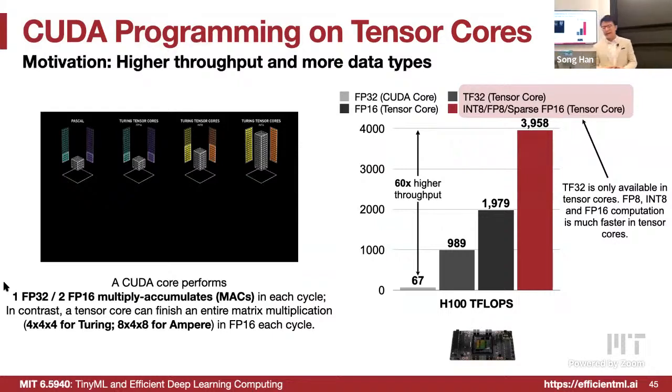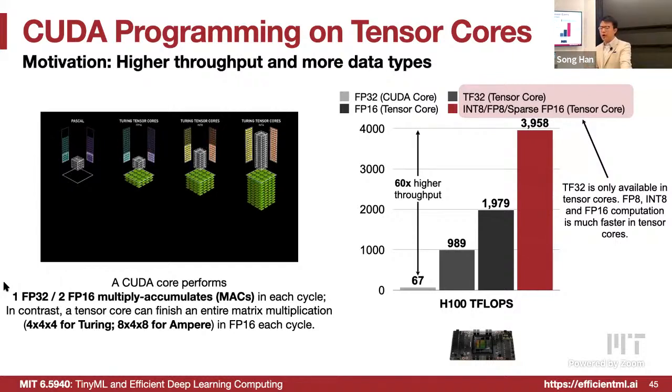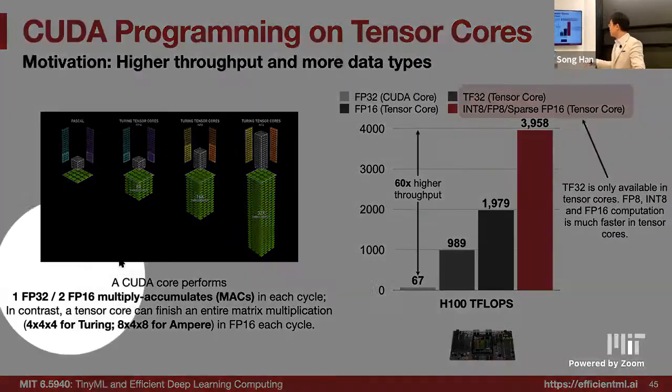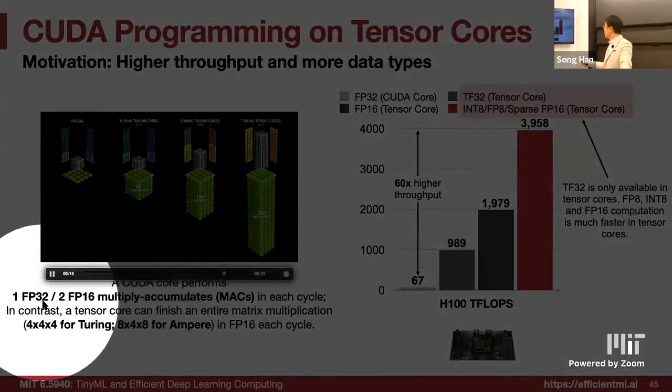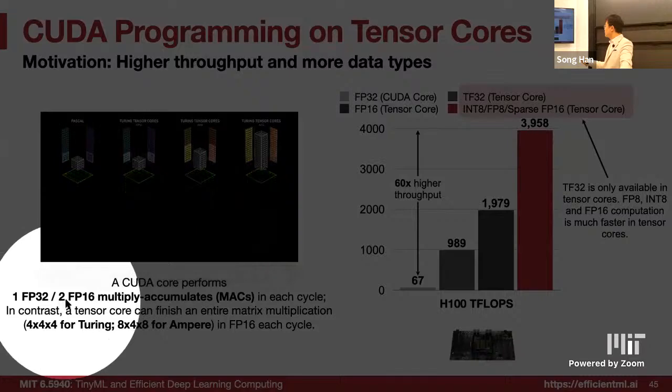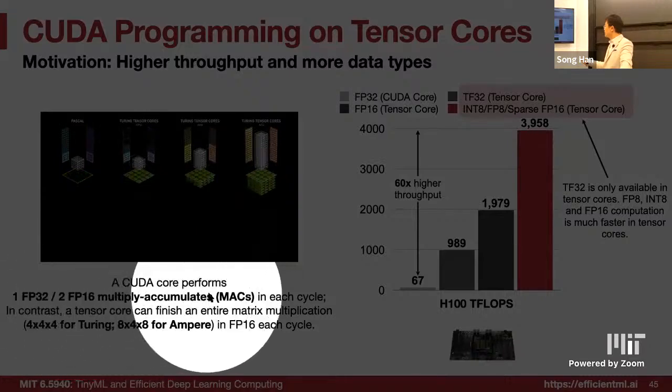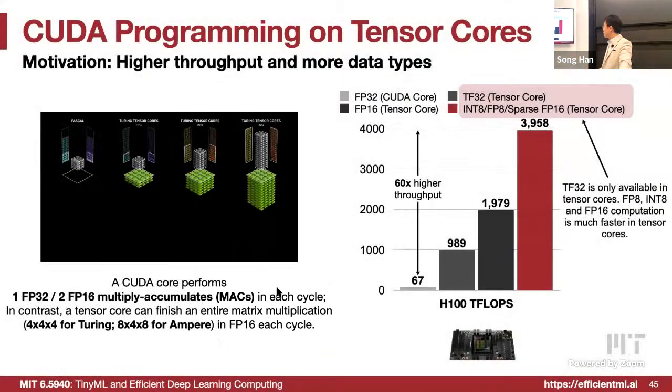Recently, since tensor applications are getting so popular in deep learning computing, NVIDIA invented the tensor cores, which have even higher throughput and more data types, especially low precision data types. On a CUDA-Core platform, we can have one FP32 or two FP16 multiply and accumulate in each cycle.